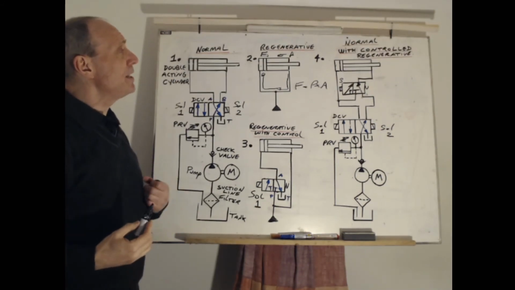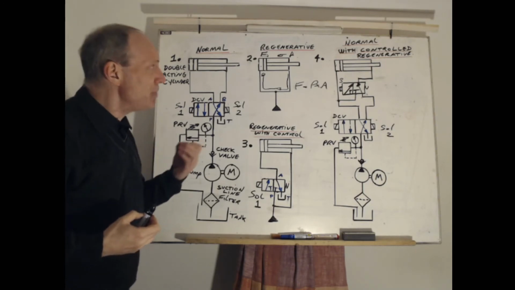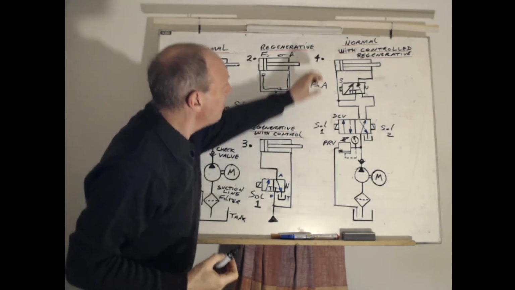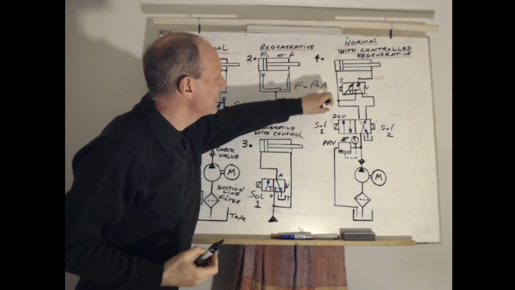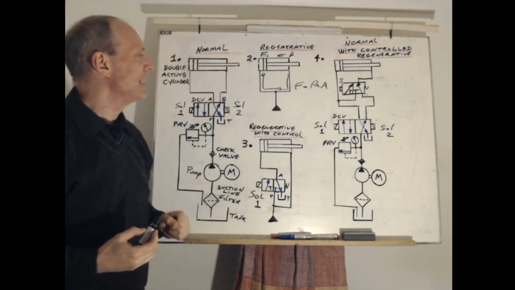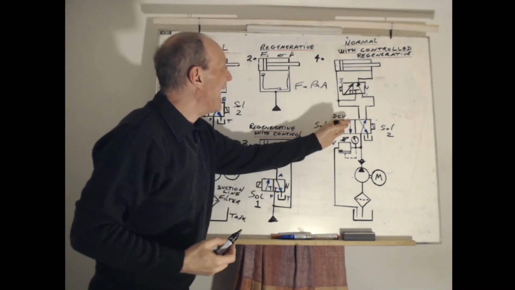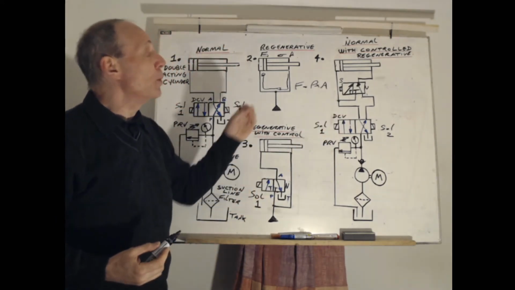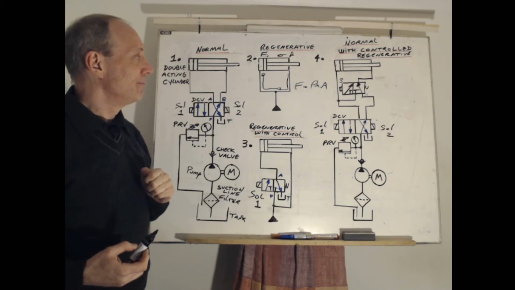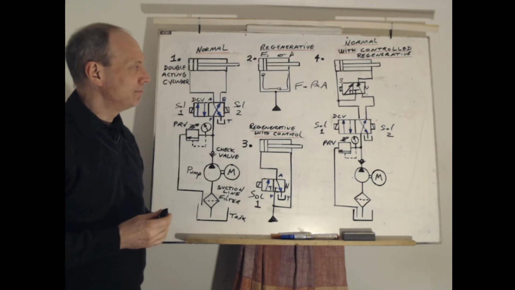It would cause the cylinder to go forwards fast as a regenerative cycle, and then when I de-energised that solenoid, it would return to this position, and I am then immediately back to normal operation, so it would then go to the high force requirement. It's a way of connecting the two together.